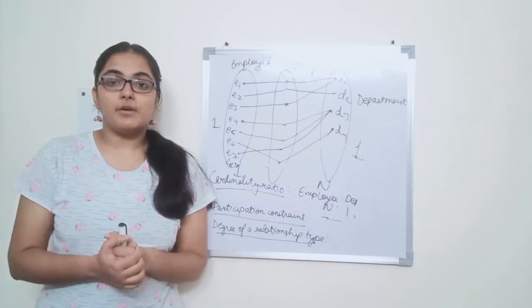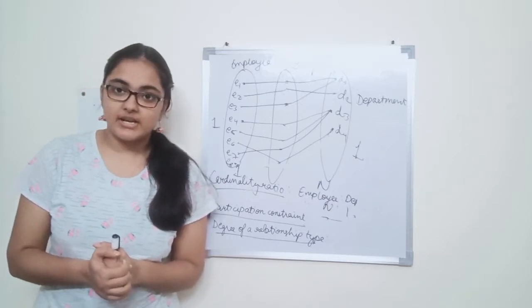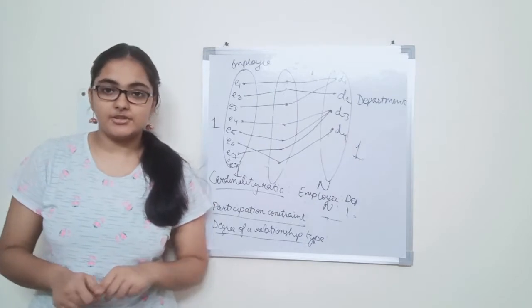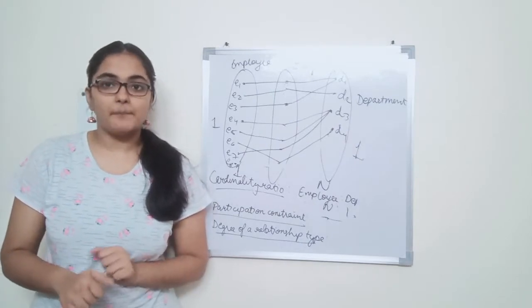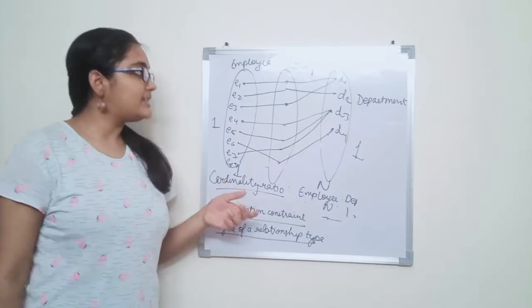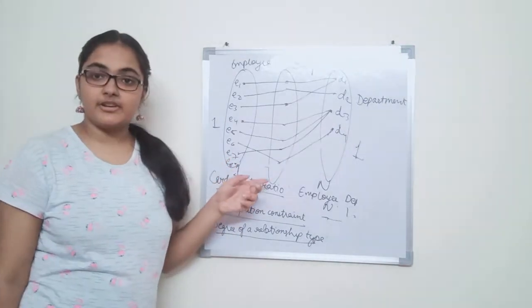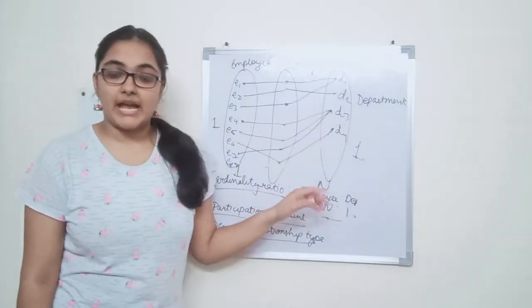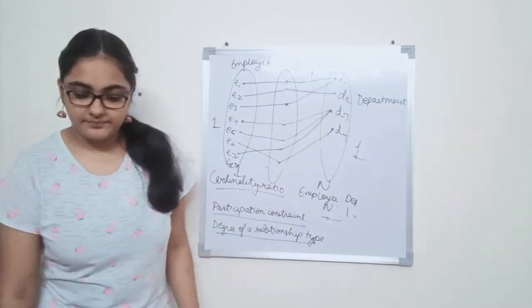Right. So that is about the participation constraint, and the cardinality ratio is the maximum number of relationship instances in which the entity participates. So now we will see how to represent this works for relationship, which is an n:1 relationship type, in the ER model, right?